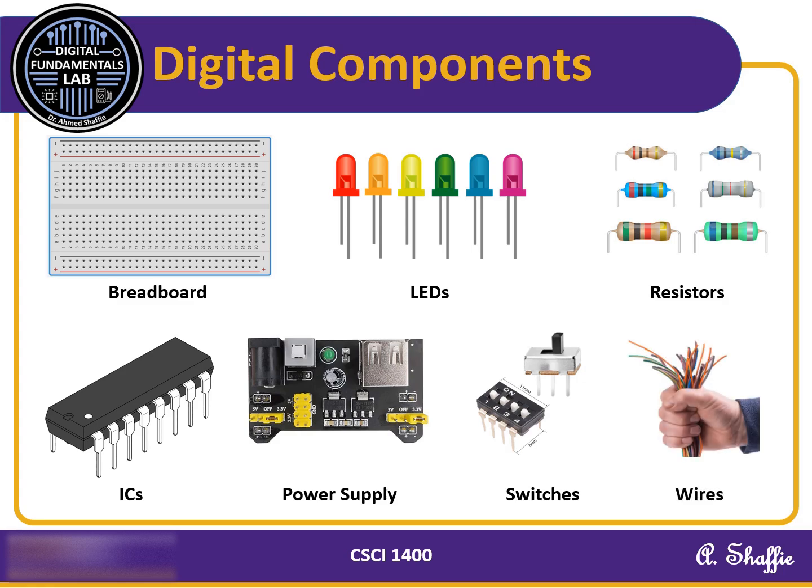And of course, wires to connect all these components together. In the following slides, I will go into more detail about each of these components, explaining their function, how they are used in the lab, and some best practices for working with them. It's important that you are familiar with each of these components before we start our hands-on work. So let's take a closer look.